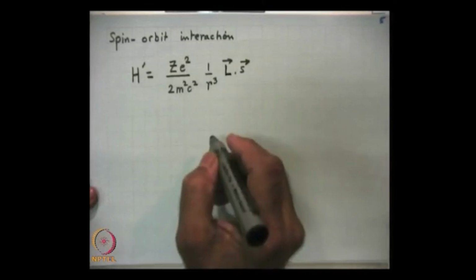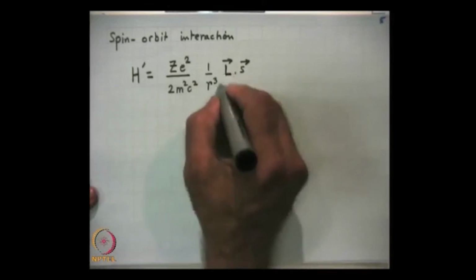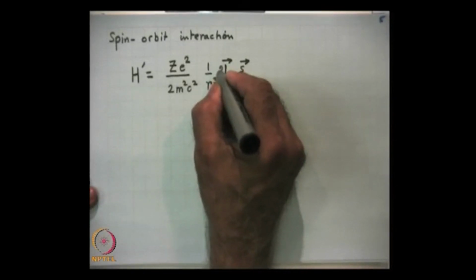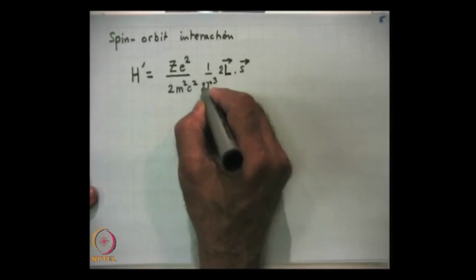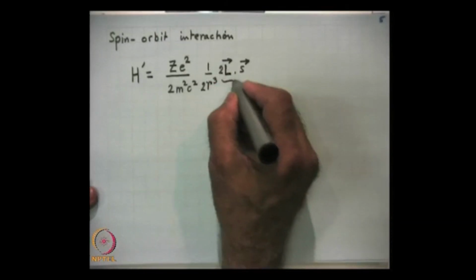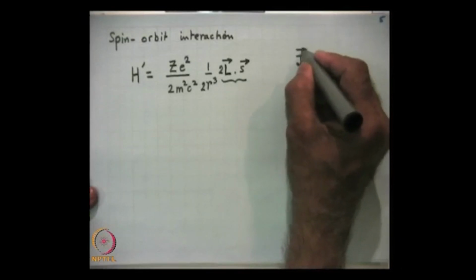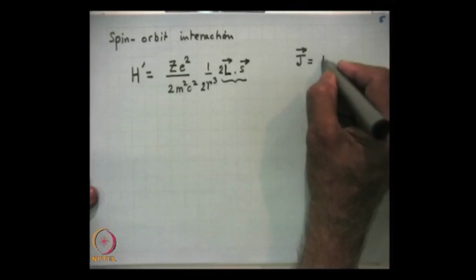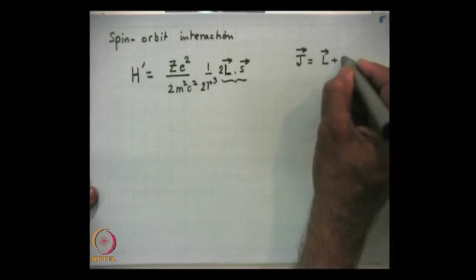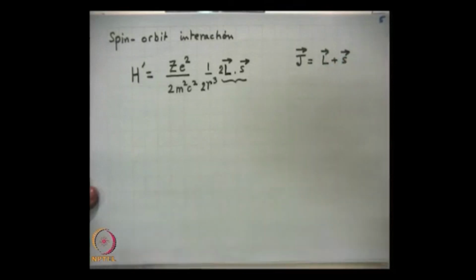So, we multiply this by 2 and divide by 2, and we write 2 L dot S. We define the total angular momentum vector J equal to L plus S. We had considered the addition of angular momentum.